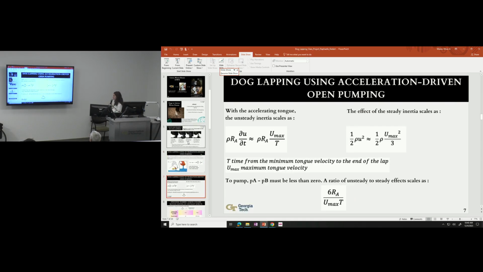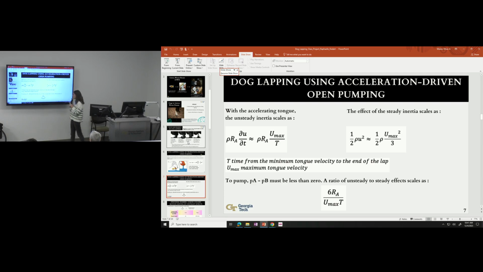With the accelerating tongue, the unsteady inertia effects scale like this, replacing the velocity by a maximum velocity and the acceleration by the maximum velocity over the time. The steady inertia effects scale like this, with a bar to represent the average velocity during the lapping.